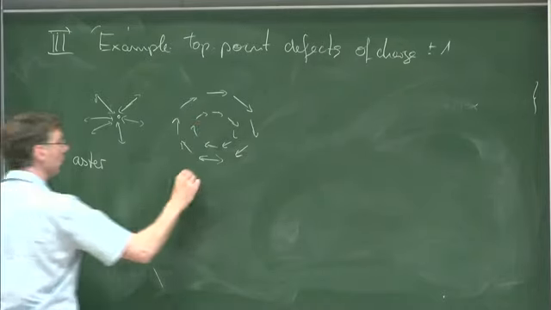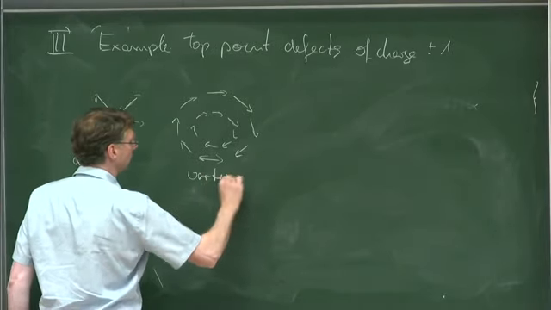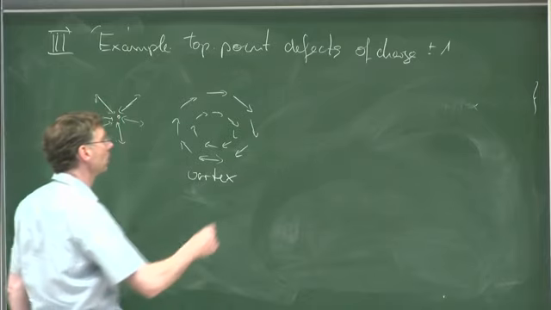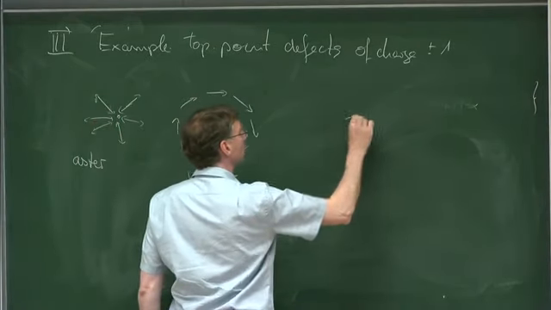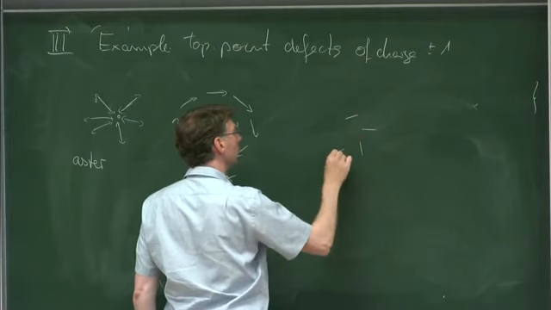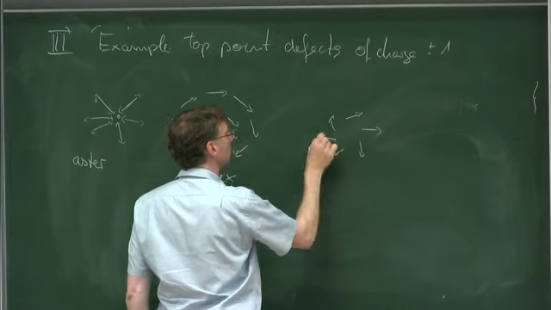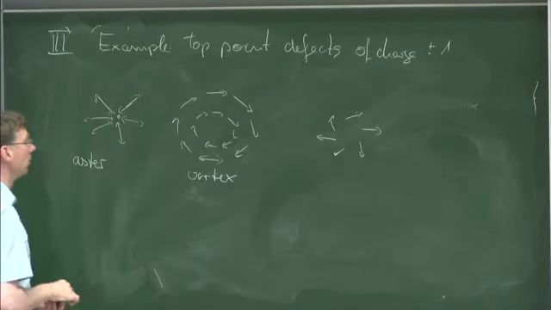And this is what we call a vortex. And then you might also have a different angle of the polarization vector. I'm not so sure that I will be able to draw this nicely, but this is something we call a spiral.